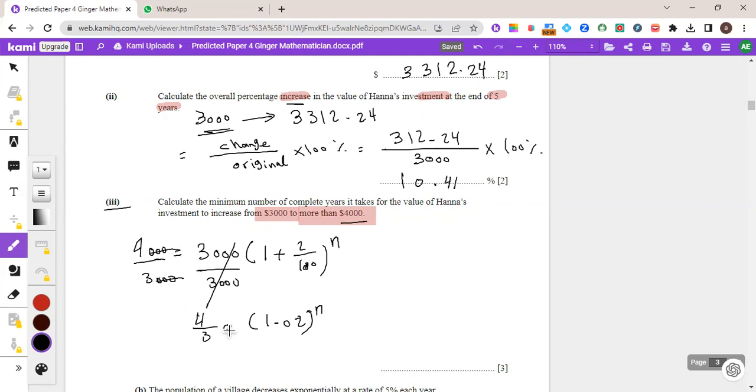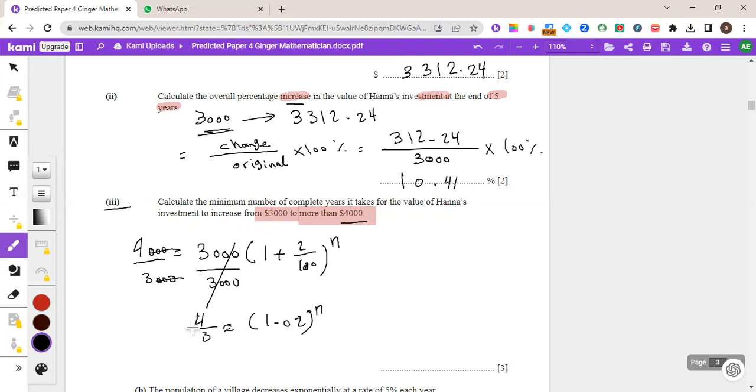Either you use the log way or you try with the calculator a number of n, try for example 8, 9, 10 until you reach a number greater than 4 over 3. What do you think? N equals what?